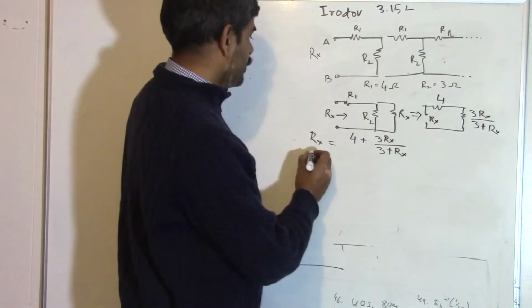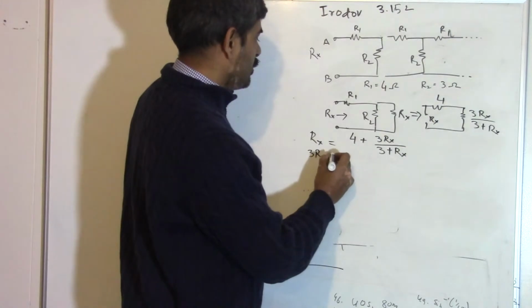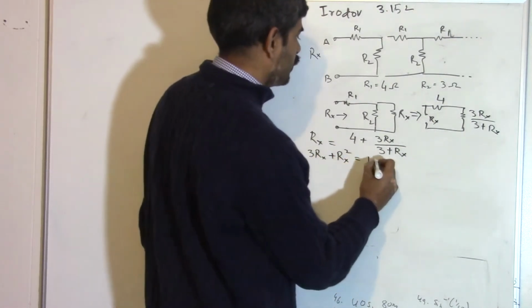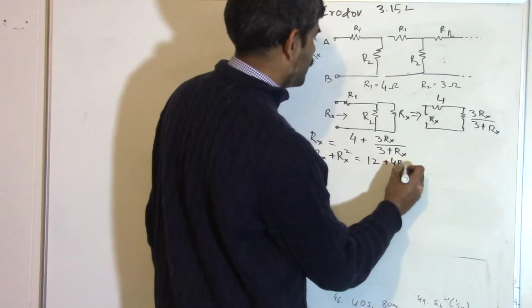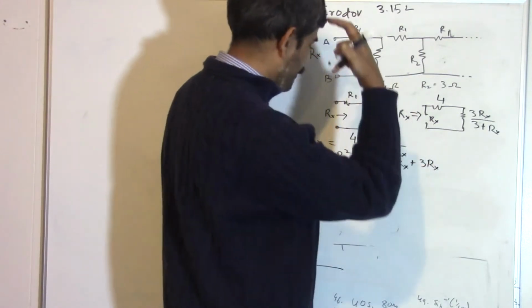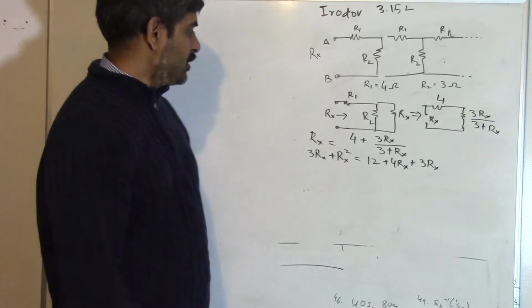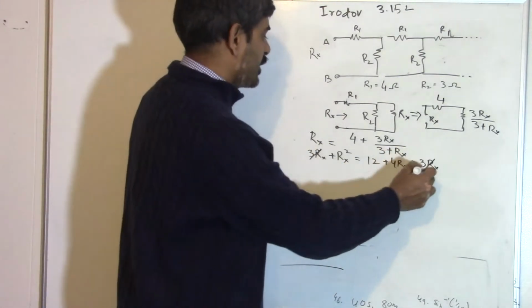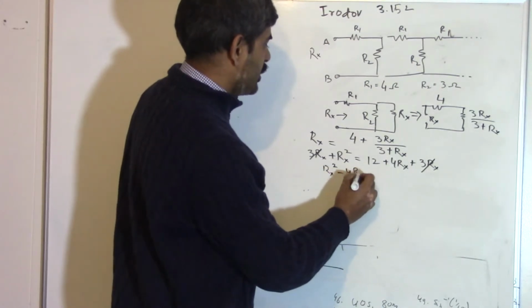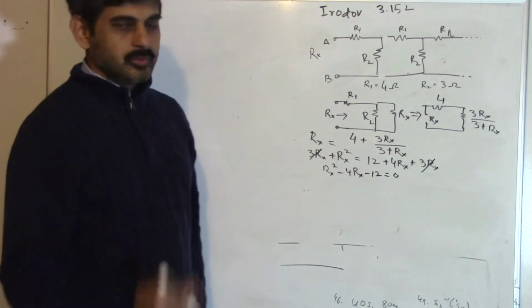3 plus Rx multiplied by Rx, 3Rx plus Rx square is equal to 4 into 3 is 12 plus 4Rx plus 3Rx. And from here 3Rx and 3Rx cancel. We have Rx square minus 4Rx minus 12 is equal to 0.